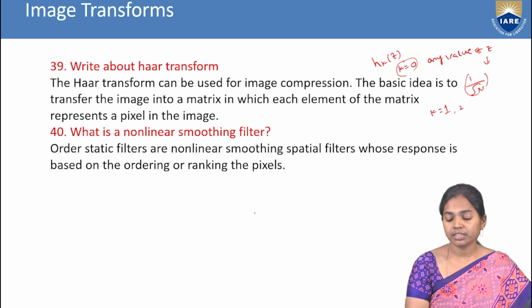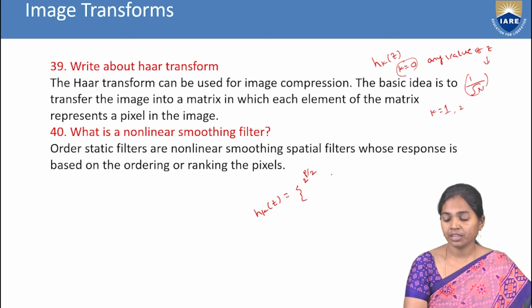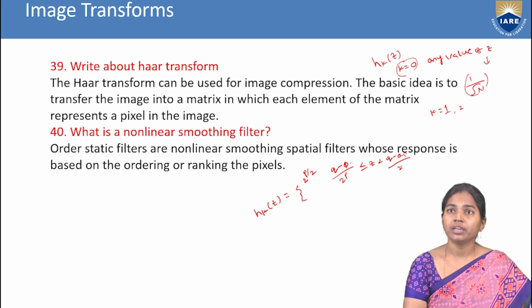That characteristic equation is hk of z equals 2 power p by 2 for (q minus 1) by 2 power p less than or equal to z less than (q minus 0.5) by 2 power p, minus 2 power p by 2 for (q minus 0.5) by 2 power p less than or equal to z less than q by 2 power p.